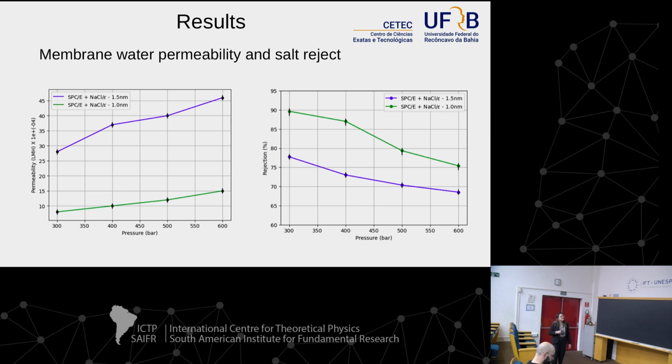But in the case of salt rejection, for the 1.0 nanometer slit, the salt rejection is higher than for the 1.5 nanometer slit. Here we use four different pressures. And we can see that when the permeability is high, the salt rejection is low.